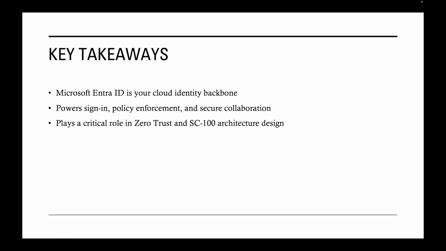Some key takeaways: Microsoft Entra ID is your cloud identity backbone, powering sign-in, policy enforcement, and secure collaboration, and it plays a critical role in Zero Trust and SC-100 architectural design. So that is a wrap for Microsoft Entra ID. We are going to have more discussions around roles, service principals, managed identities, and so on and so forth, and we're also going to talk a little more about Entra roles with Zero Trust.